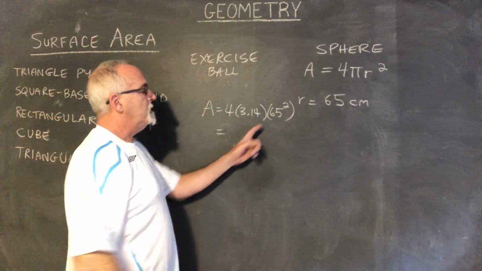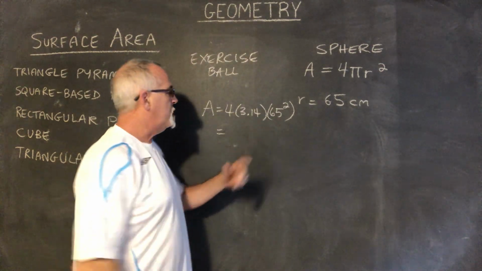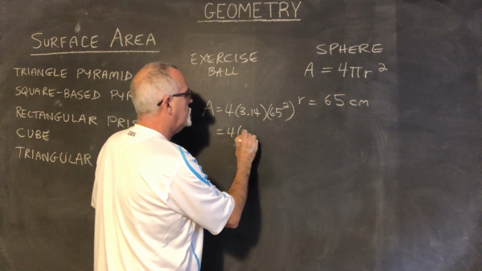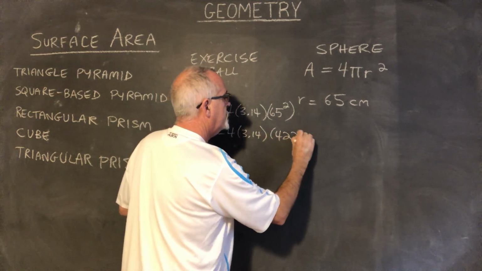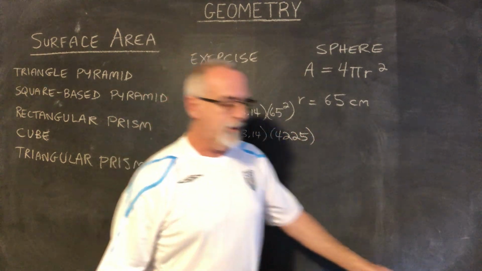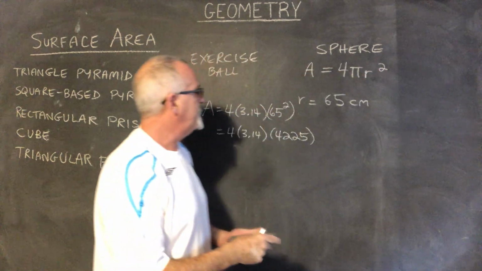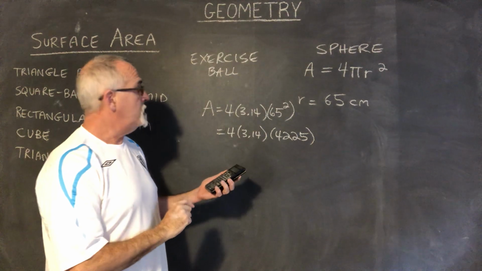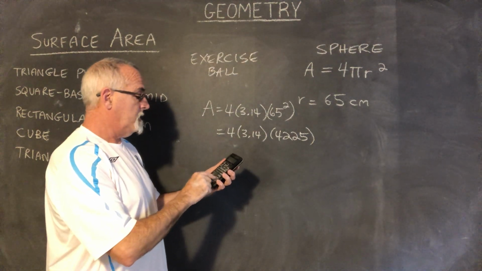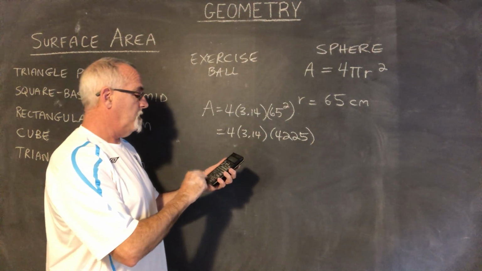And of course, everyone knows 65 squared is 4,225. So 4 times 3.14 times 4,225. But I will get my calculator to finish this. 65 times 65. Yeah, 4,225 times 4 times pi, which means times 3.14.